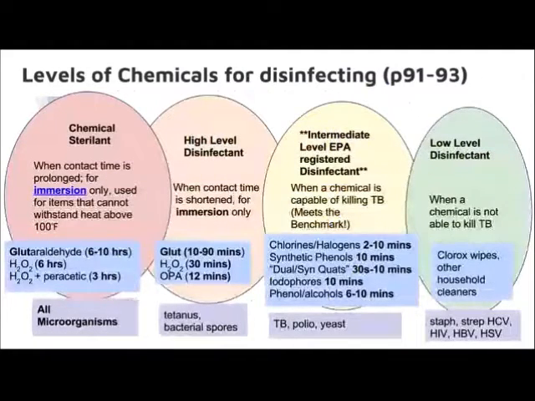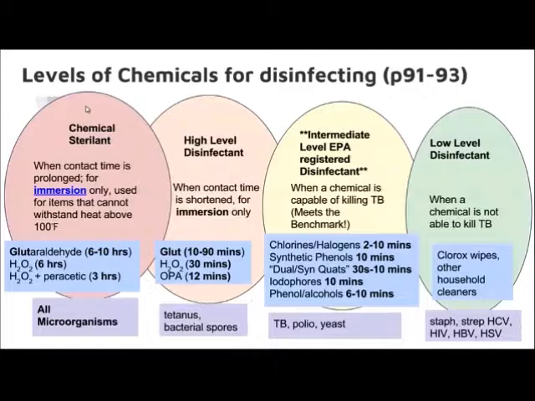So this is a chart that outlines the levels of disinfecting, and it goes from high, which is a chemical sterilant, to low, which is a low-level disinfectant. And it tells you exactly what it kills, and I'm just going to go through what you should use it for.